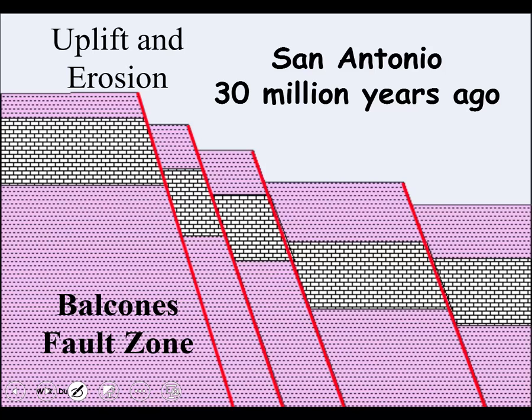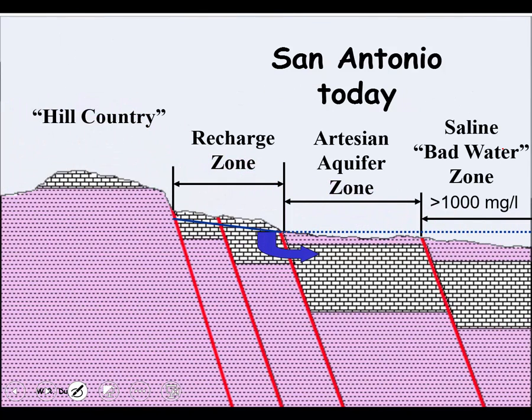About 30 million years ago, the Balcones Fault uplifted, and so we've got this high area that's eroding, and we've got a series of downdrop blocks along the Balcones Fault Zone, and this is where we are today. So the hill country, sometimes we call it the Edwards Plateau, is capped locally by this resistant but porous limestone, and then that same limestone is dropped successively farther down in the downdropped area of the coastal plain.